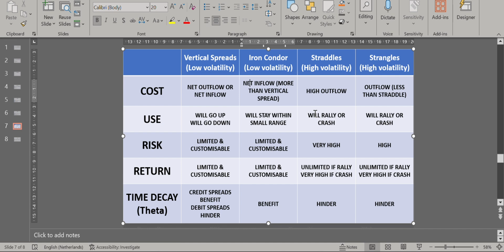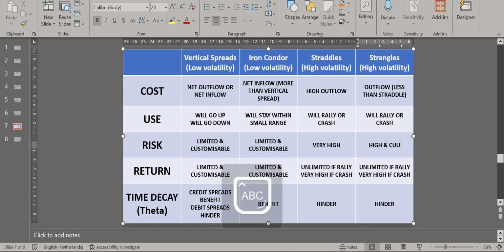In terms of the risk, of course, for vertical spreads, it is limited and customizable, same with the iron condor. It depends on the difference between the strike prices that you set up. In the case of the straddles and the strangles, this is also customizable in the case of the strangle, all right.